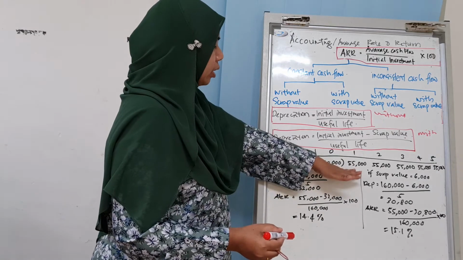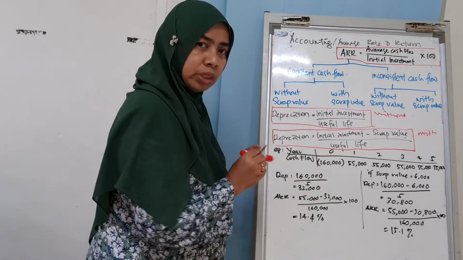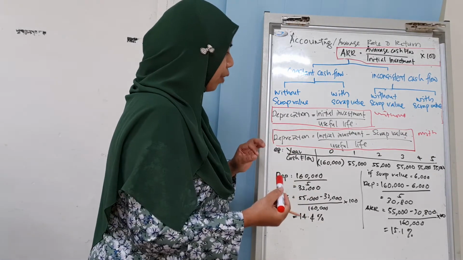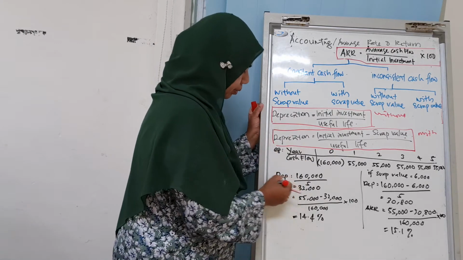Let's see the question. First, you have to look at whether they have a scrap value or not. If they don't have a scrap value, straight away calculate the depreciation.